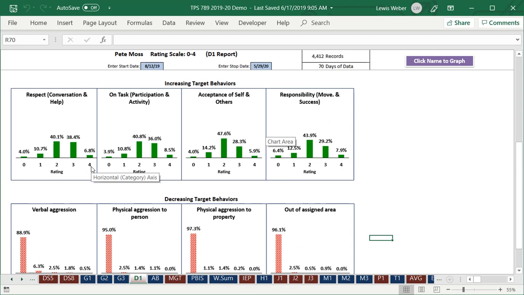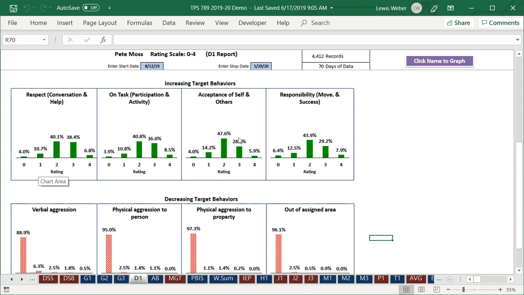How many of them on a percentage basis was 4? Well, 6.8% of all of the ratings collected for respect were 4s. 38% were 3s, 40% of them were 2s, 10% was a 1, and 4% of the ratings were 0s.